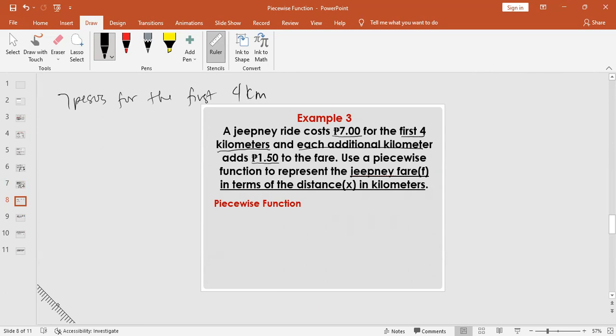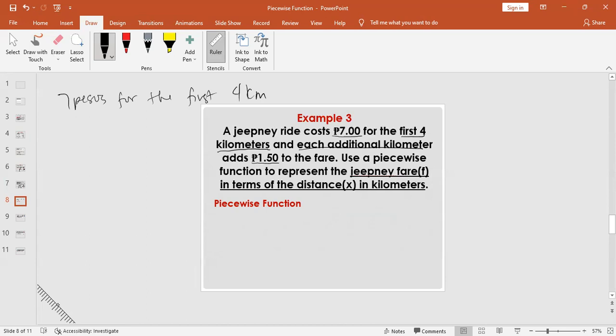So, paano pag 1 kilometer pa lang yung nababiyahe nyo? Ilan yung babayaran nyo? 7 pesos. What if 3 kilometers? Ilan yung babayaran? 7 pesos pa rin. Basta pasok sa first 4 kilometers, you will have to pay 7 pesos only.